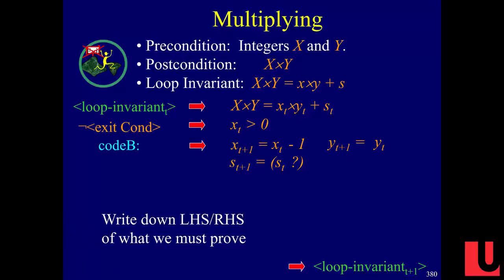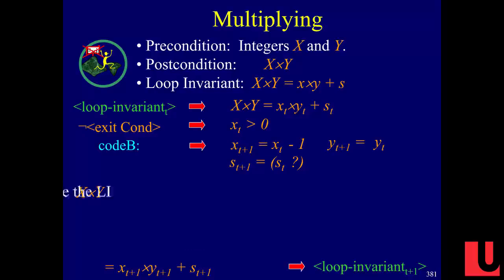Now we're going to do right side, left side, and see what happens. What we want to prove is that, for the new values, this equals this, so we get our loop invariant. We write that down, and then we use the stuff that's up there. We use what we have to bring them together.